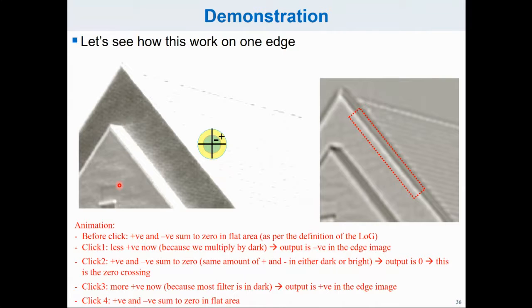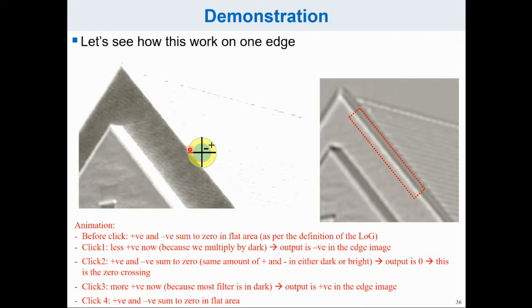So at the very beginning, this is an area of constant intensity at this pixel here. So all the sums here are 0, so it's just gonna produce 0. Recall the gray is 0. And then as I'm investigating all the pixels as to whether they are edge points or not, I come to this point over here, and you will see now that the positive is less and the negative is more.